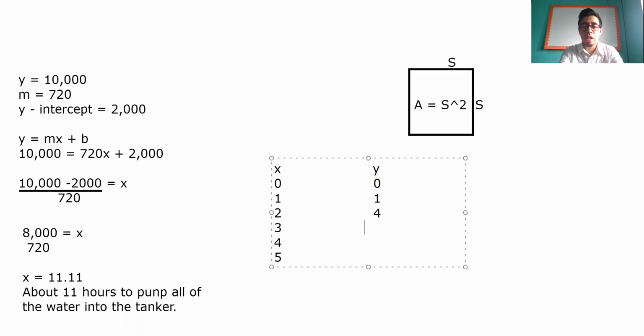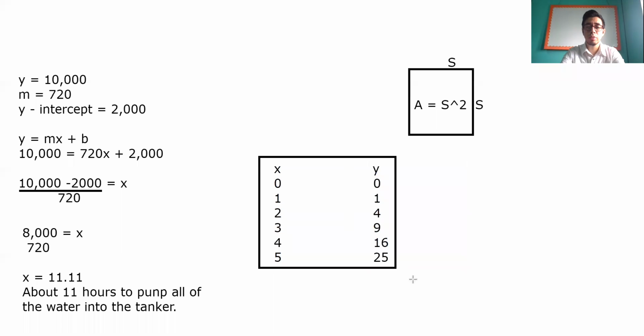When the side is 3, the area is going to be 9, 16, and 25, okay? Because it's the power of 2. Because this number is squared. Now, what do we need in here? I'm going to draw the line.